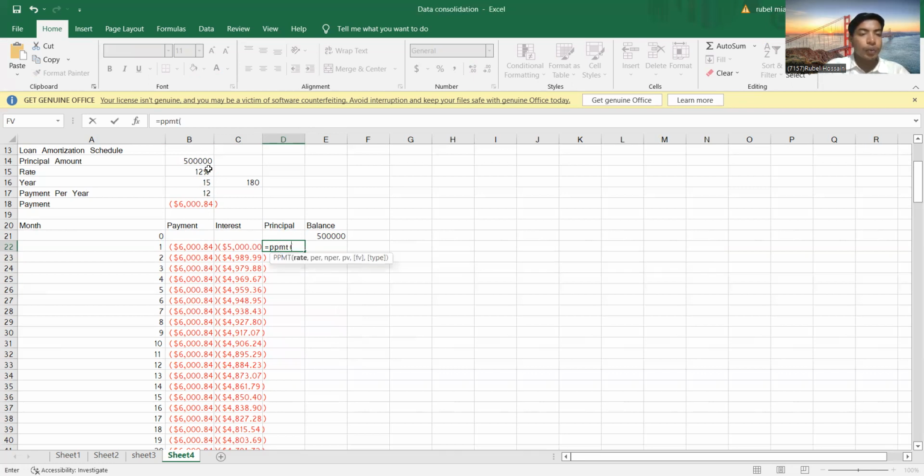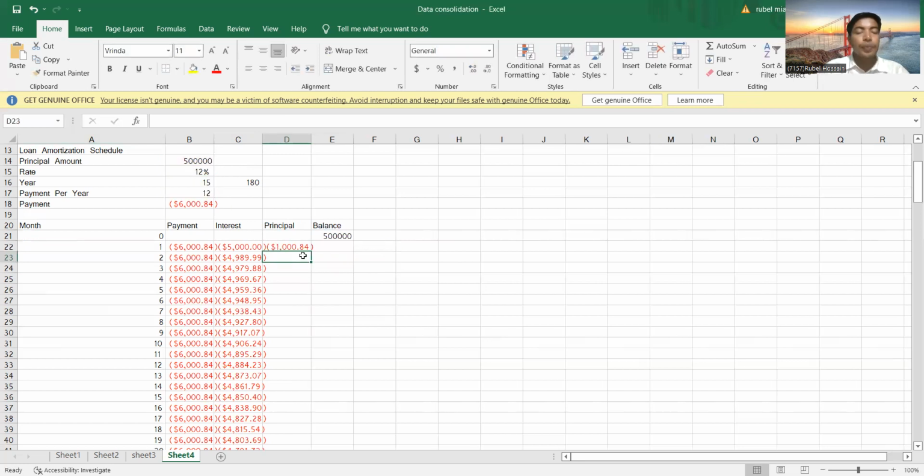The rate will be 12% divided by payment per year, then comma, then again the per option, then comma, then number of years multiplied by payment per year, then comma, then present value, of course, then bracket close, then okay. So for each month the principal amount will be $1,000.